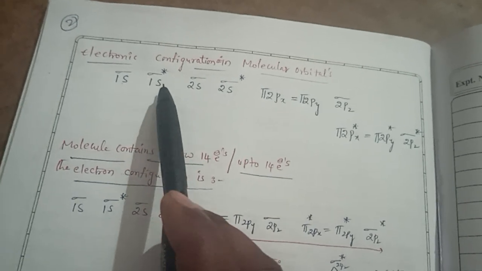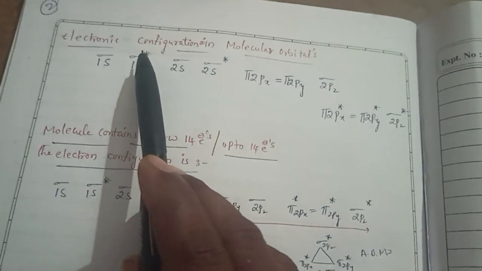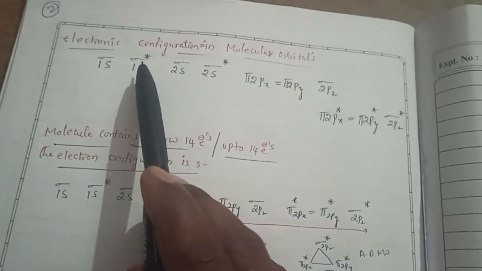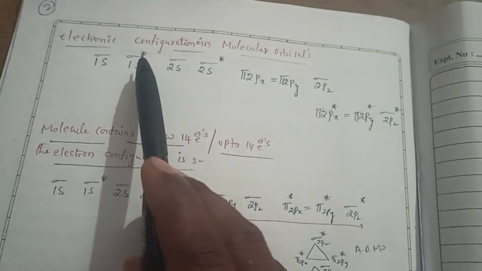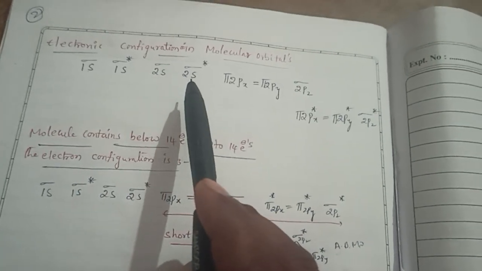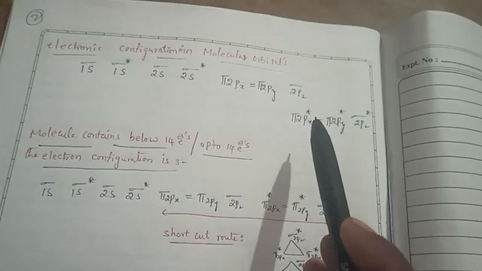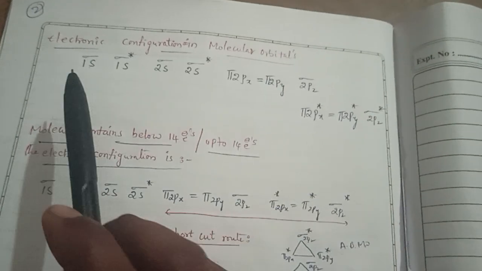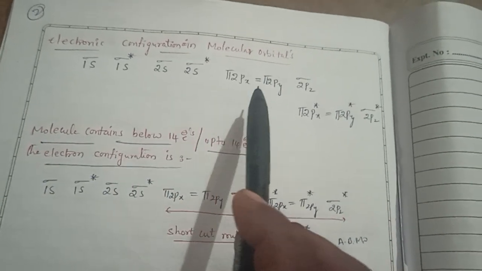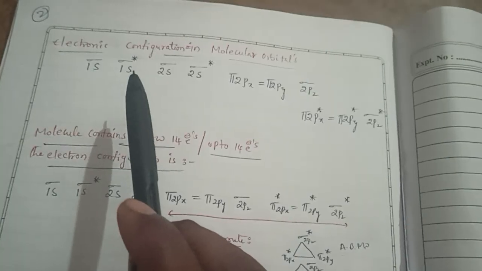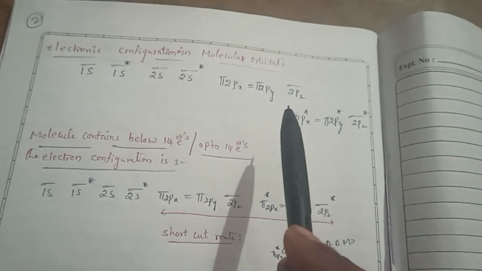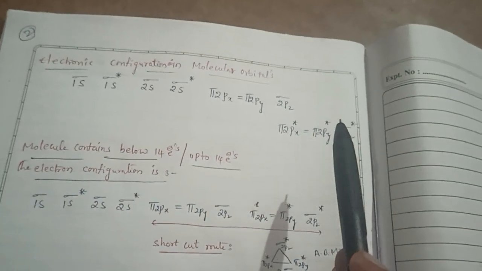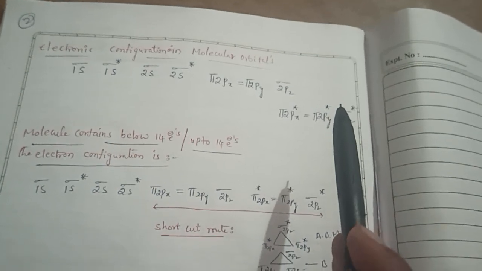Anti-bonding molecular orbitals are indicated by a star. The star molecular orbitals are all anti-bonding, and those without a star are all bonding. Here you see 1s, 2s and 2p. These are bonding molecular orbitals, and 1s star, 2s star and the 2p star orbitals are anti-bonding molecular orbitals.